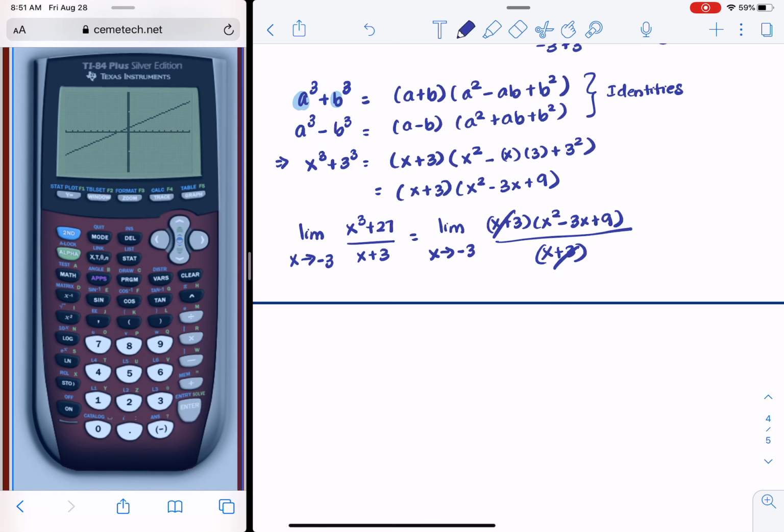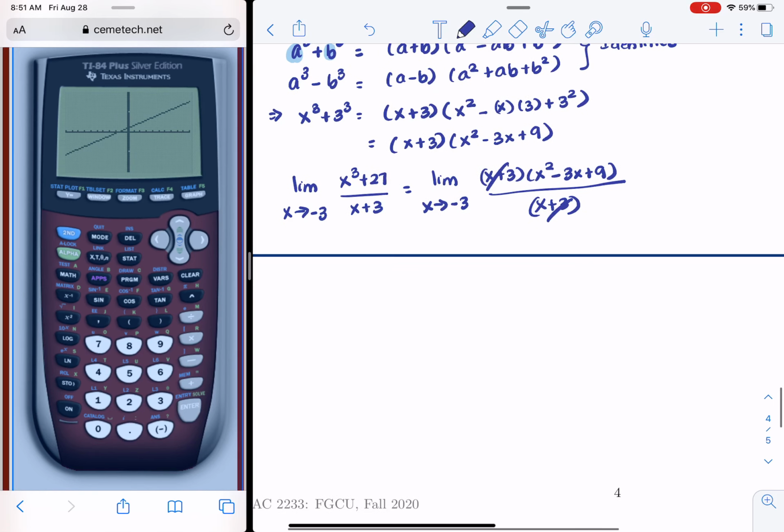Those two would go away, and you have limit x approaches negative 3, x squared minus 3x plus 9.